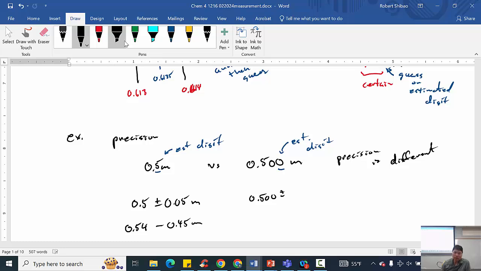And so this is going to be plus or minus 0.0005 meters. And that means the expected range for this would be something like, I'm going to drop it down from 5 to 4, but this could be anywhere from 0.5004 to about 0.4995 meters.